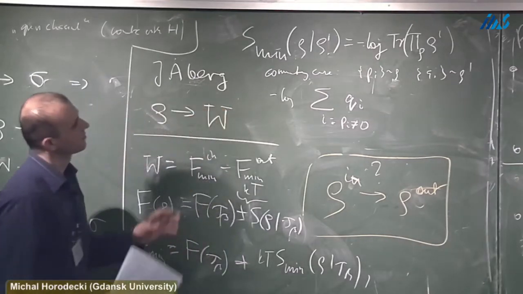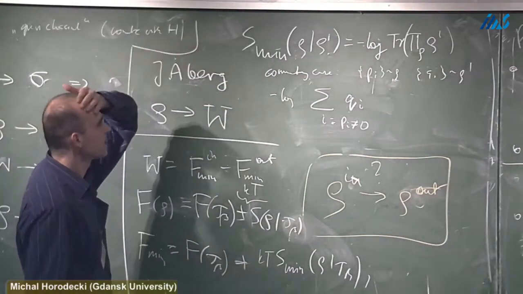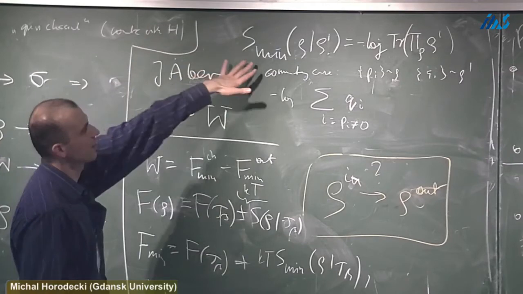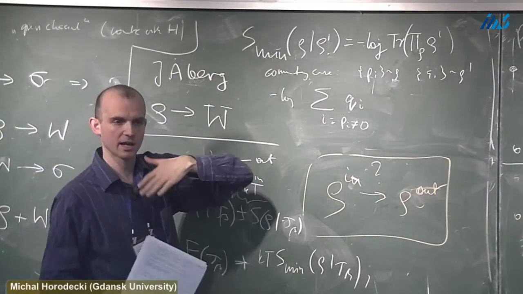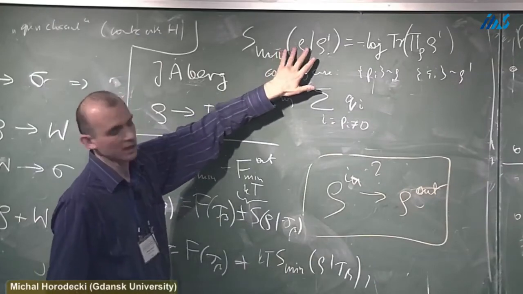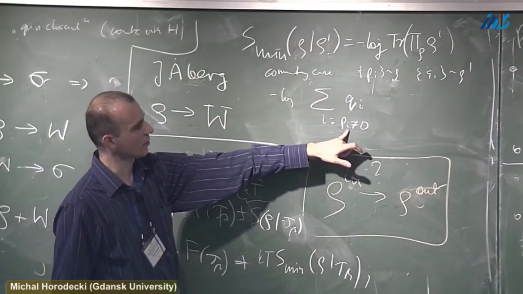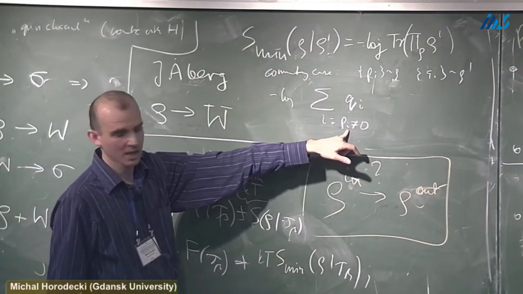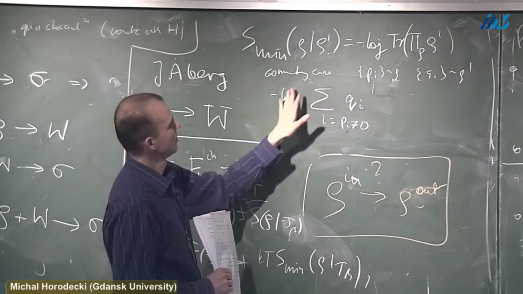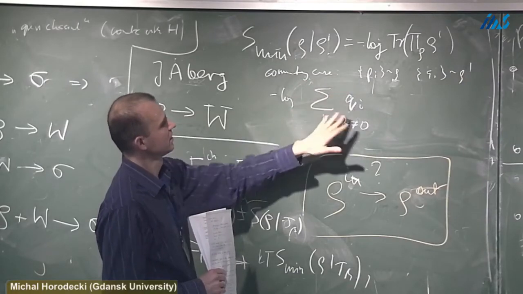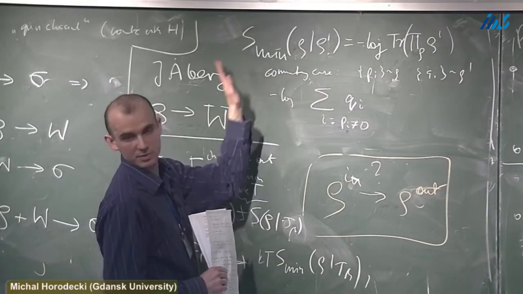So this thing, look, it is 0 if only this is full rank, suppose these p_i are all non-zero. Then this is 1. So this S min is 0.